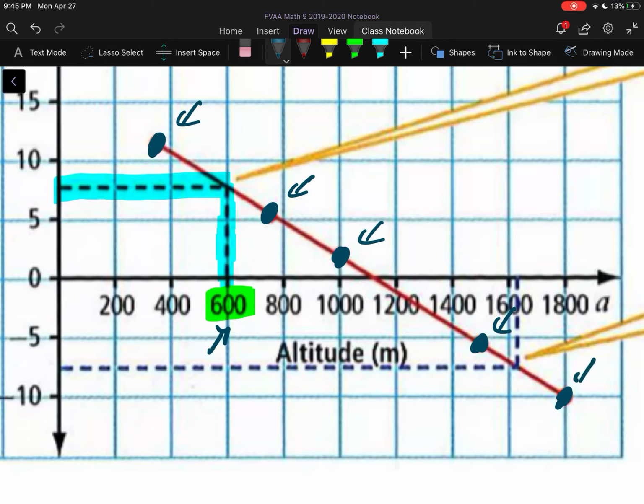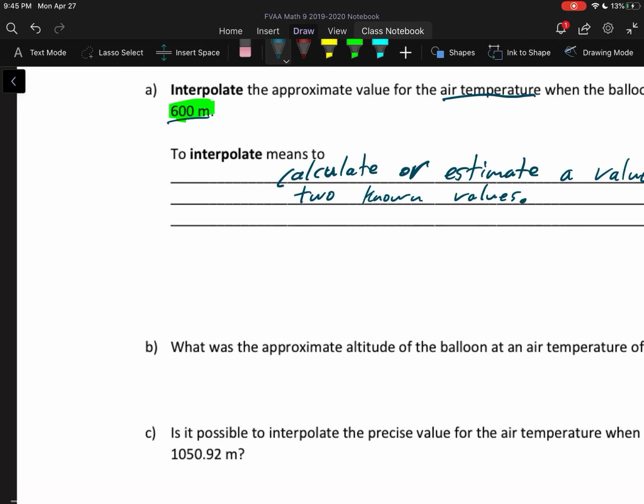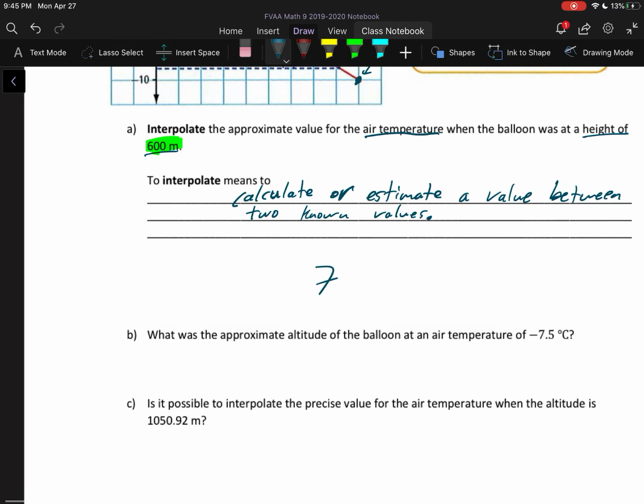Once you hit that line, you turn towards the other axis to get the temperature in this case. So once I go up and hit this line, then I turn towards the other axis to figure out an estimation of the temperature. Here, what would you say the temperature is? Halfway between 5 and 10. I'd say about 7.5 degrees Celsius, right? 7.5 degrees Celsius. Awesome.